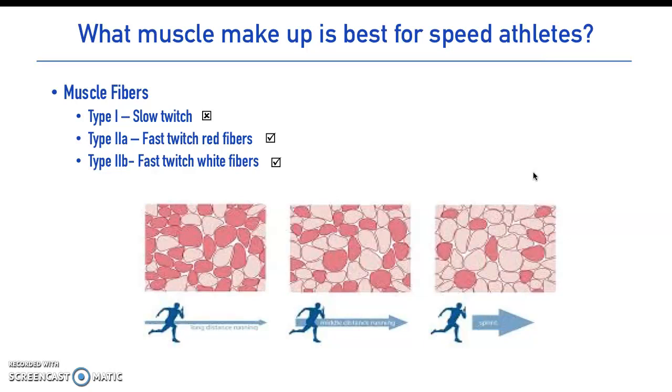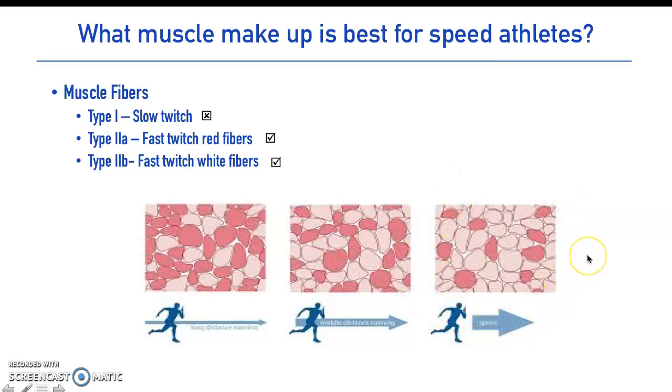Then we look at the second picture, we've got a lot more white in these pictures. So we've got a little bit more of our type 2B fast twitch white fibers. Okay. Then ideally you look at your sprinters. Now this will be like your Usain Bolts, your Yohan Blakes and Tyson Gays of the world.